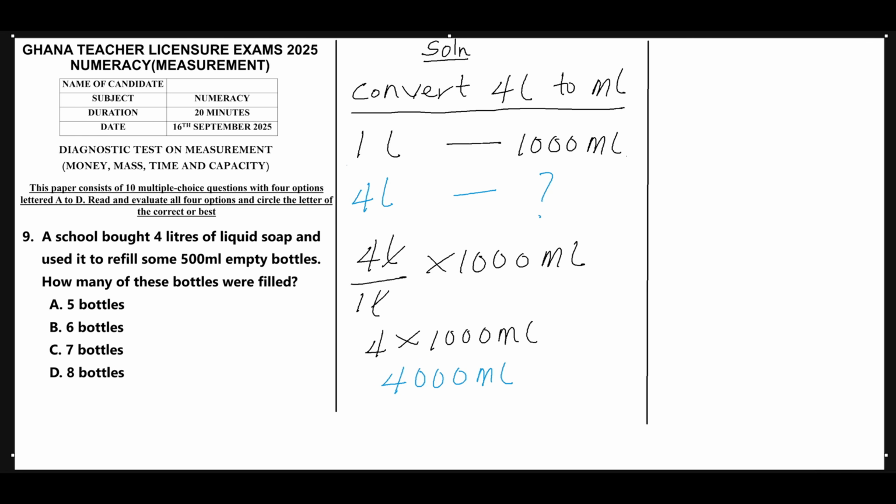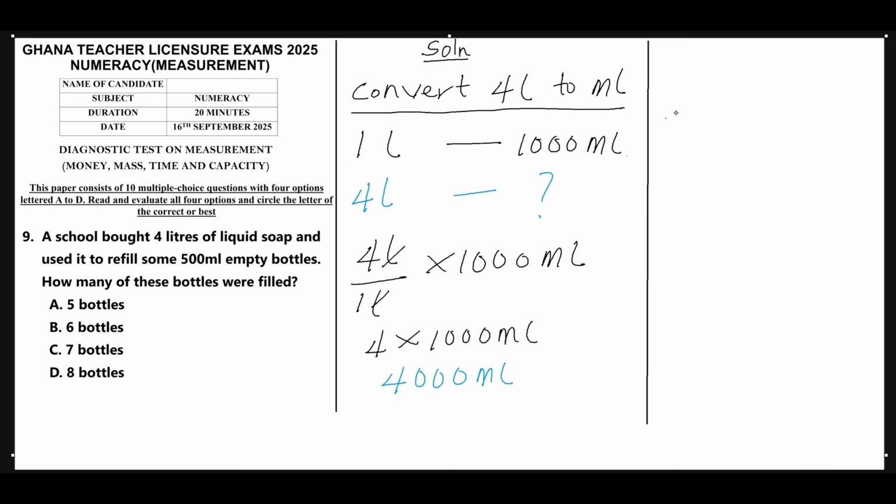Now, our goal here is to refill this 4,000 milliliters into some empty bottles, with each bottle measuring 500 milliliters. So as we are pouring the 4,000 milliliters of liquid soap into the empty bottles, what are we doing? We are sharing. So we are sharing the 4,000 milliliters among 500 milliliters empty bottles.